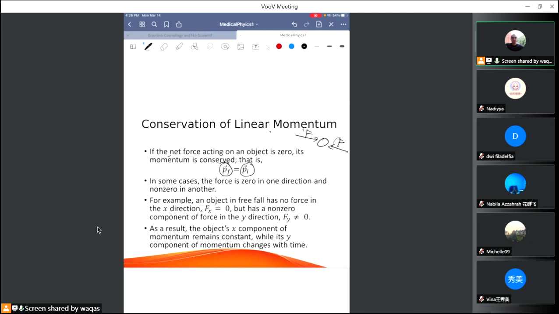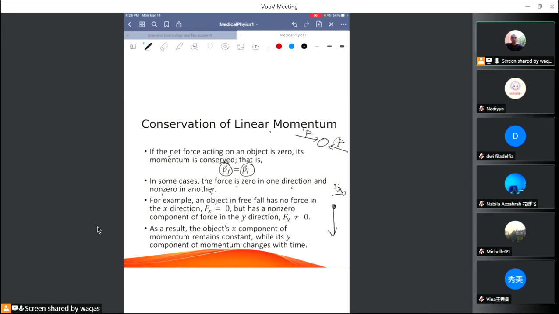The other thing is, in some cases the force is zero in one direction and non-zero in another direction. For example, an object in free fall has no net force in the x direction. This object is falling down, so we can say that in the x direction there is no force, and in the y direction there is a force.